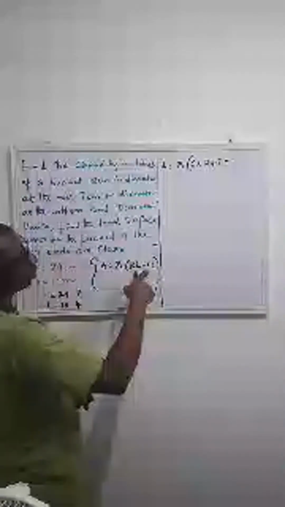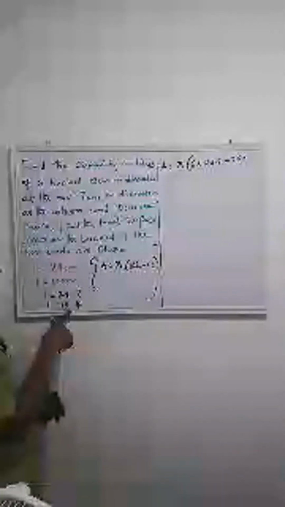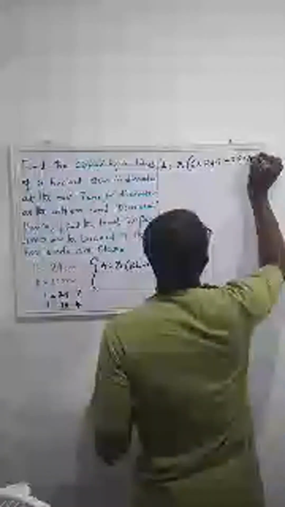Now R is what? The bigger R, that is 6. We have 6 times the L, that is 24.7. Okay, so now minus. Now the smaller radius, that is 3.5. 3.5 times. Now we use that to multiply L here. That's 14.4.